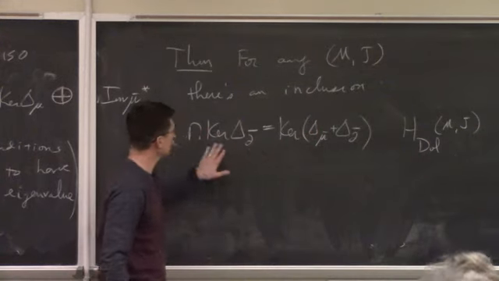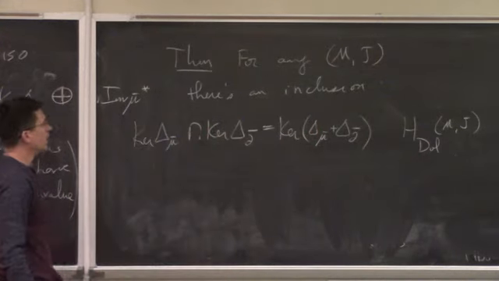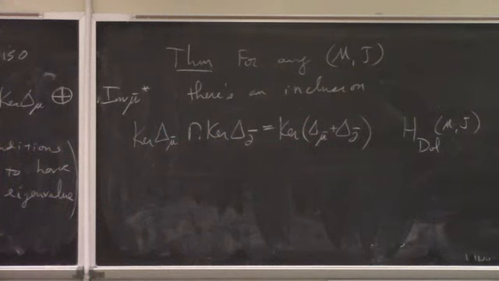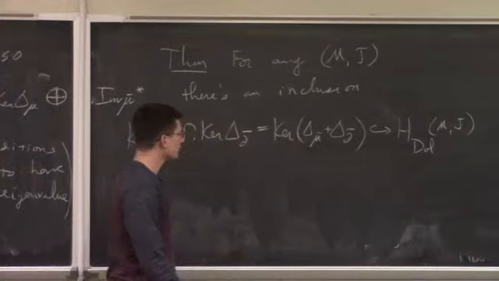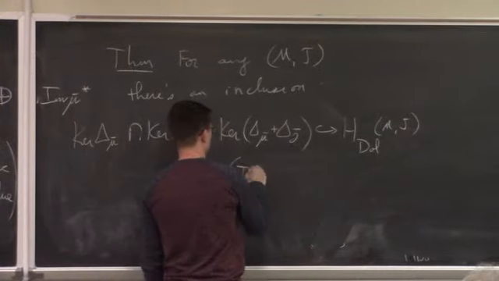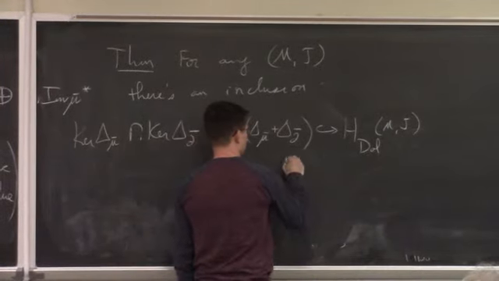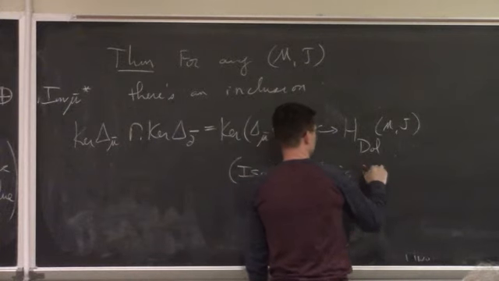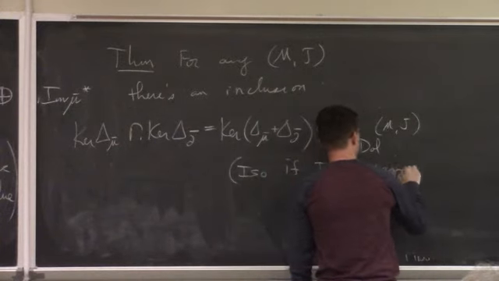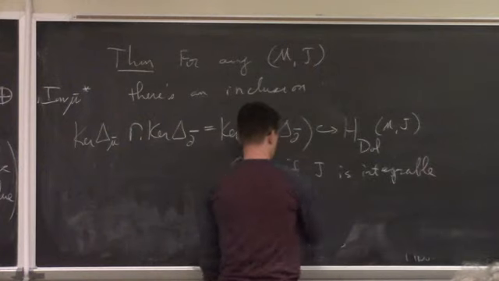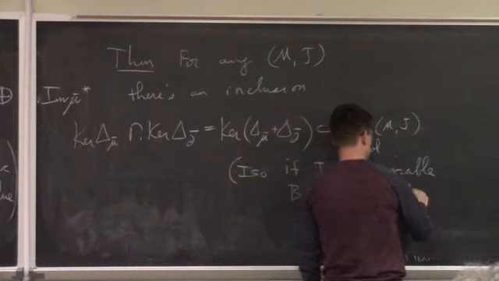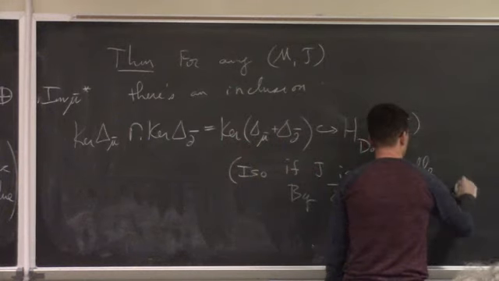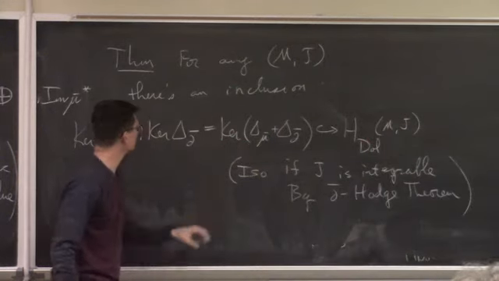So this is not hard to check. Positive operators. And so the claim is that there's an inclusion there. And of course, it's an isomorphism if J is integrable, by the Dolbeault-Hodge theorem, because then this operator becomes 0.